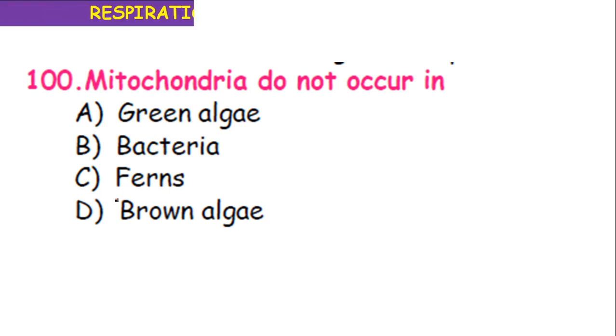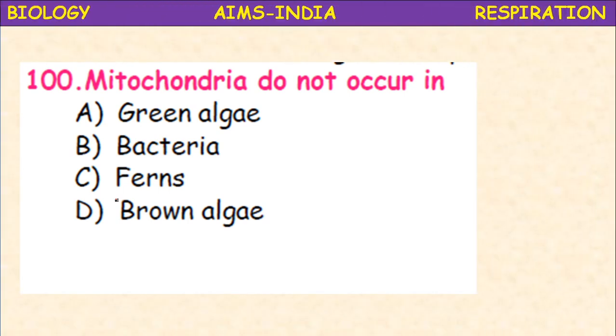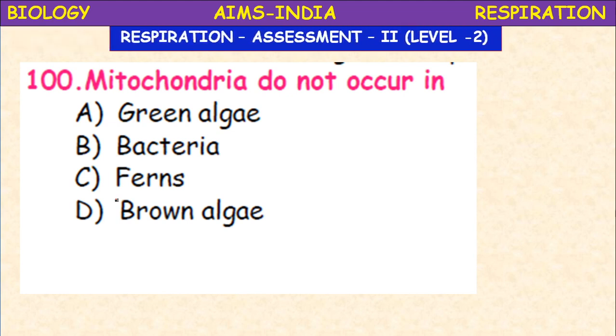Next, last question. Mitochondria do not occur in green algae, bacteria, ferns, or brown algae. So mitochondria do not occur in prokaryotes like bacteria. During aerobic respiration, the substrate glucose is broken down systematically.